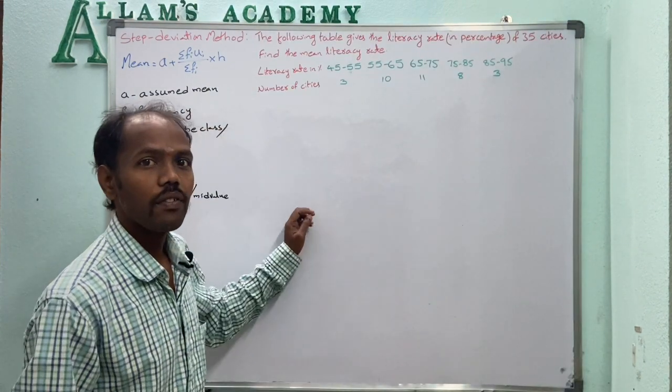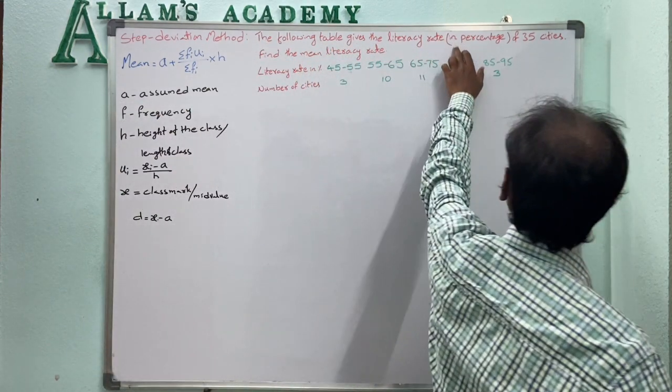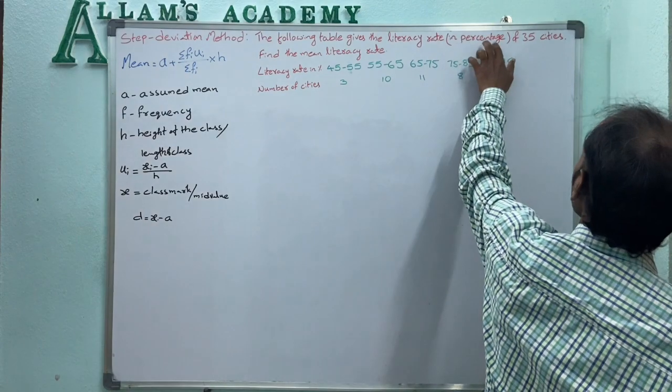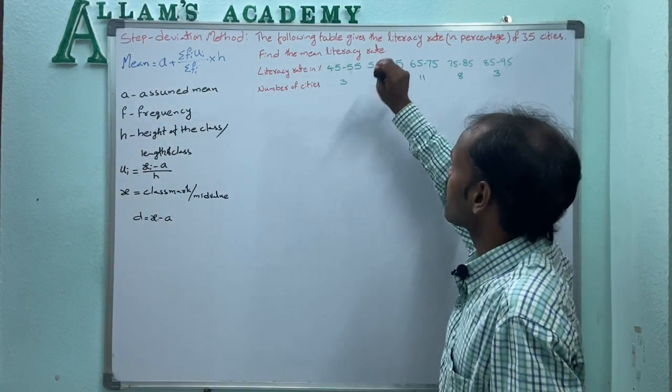Now our given problem: the following table gives the literacy rate in percentage of 35 cities. Find the mean literacy rate.